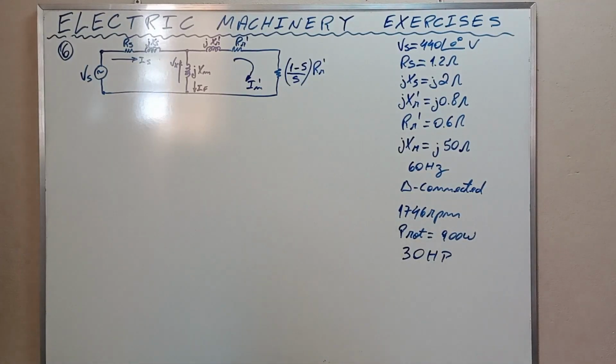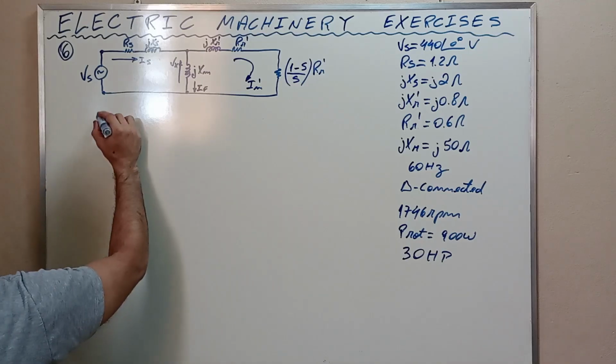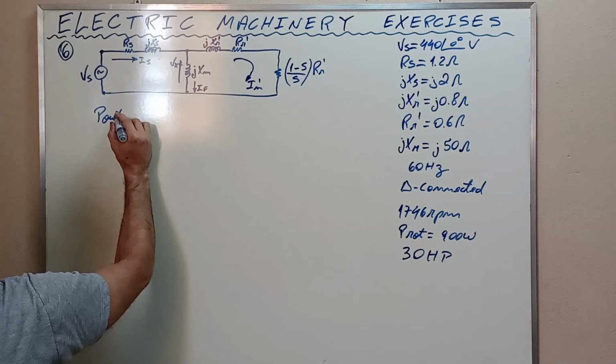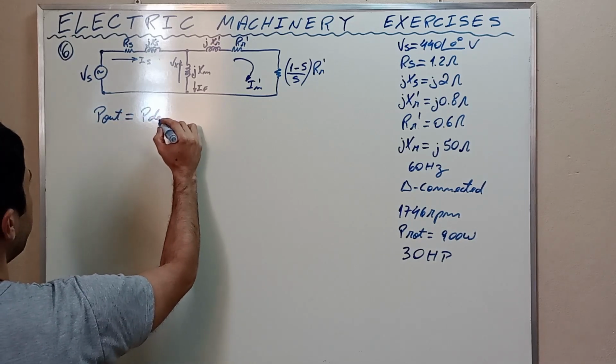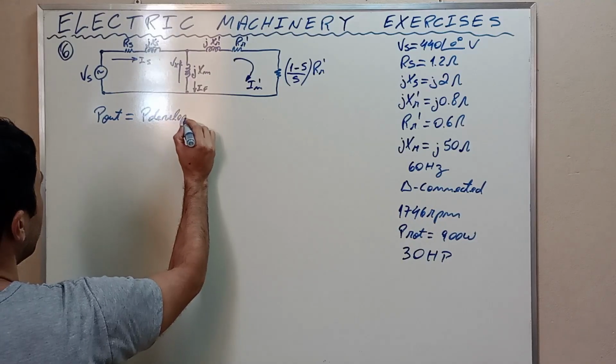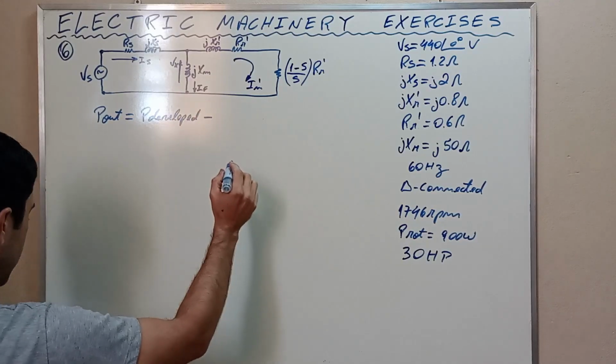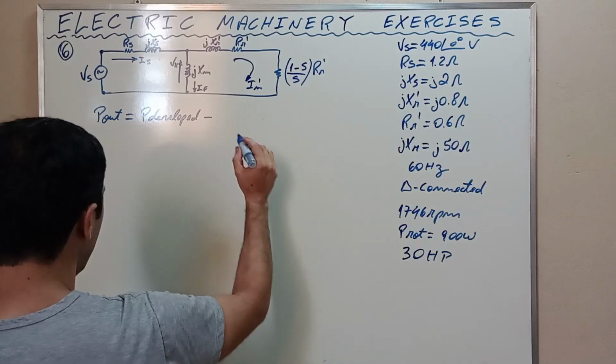The output power is equal to the developed power minus the rotational losses. The power that goes to the load, the output power, is equal to the developed power minus the rotational losses.